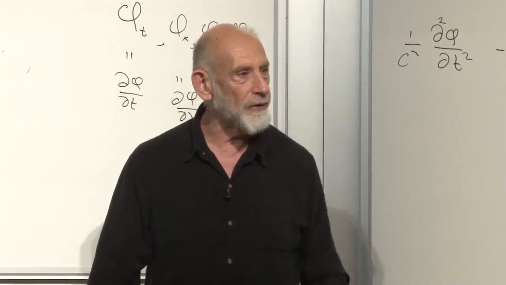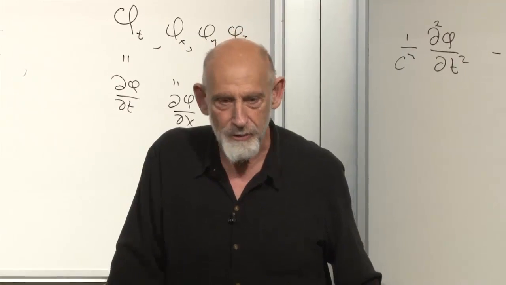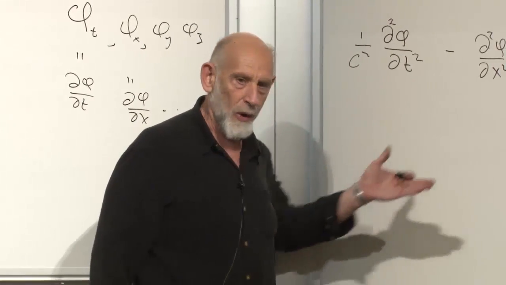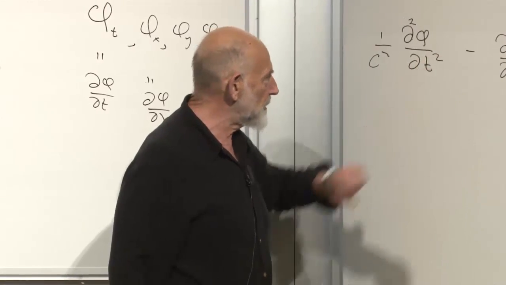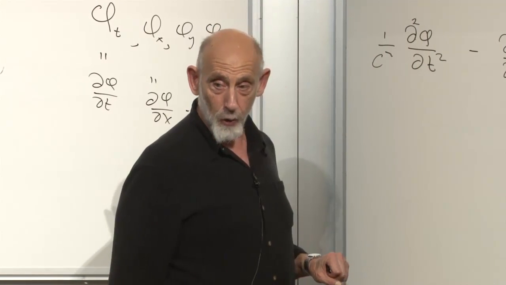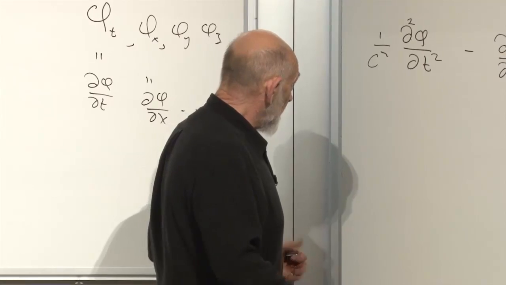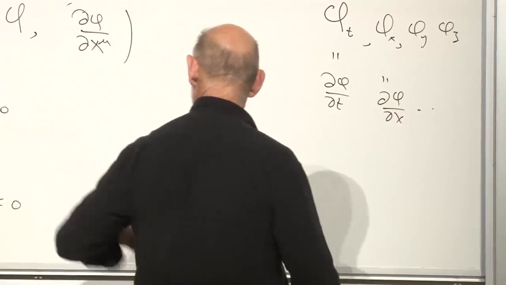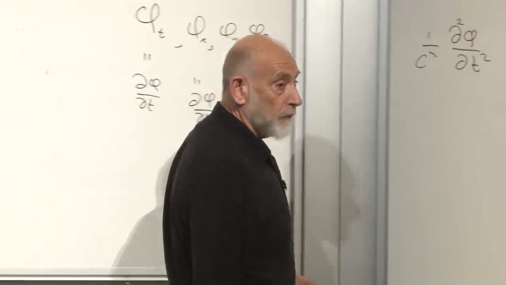I don't think we want to solve it tonight. It's not our business. I think most of you know that this corresponds to waves which can move up and down an x-axis with the speed of light or with the speed c. And so we see how wave-like motions come out of the same kind of Lagrangian formulation.